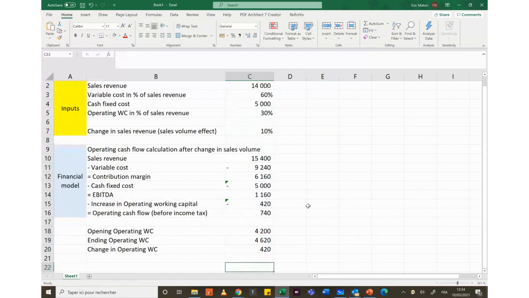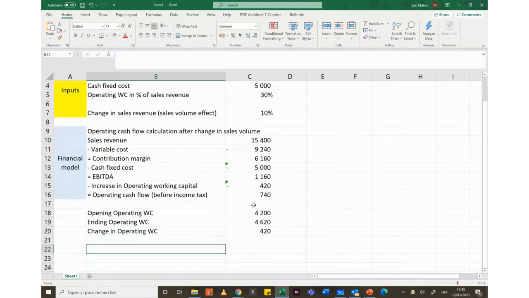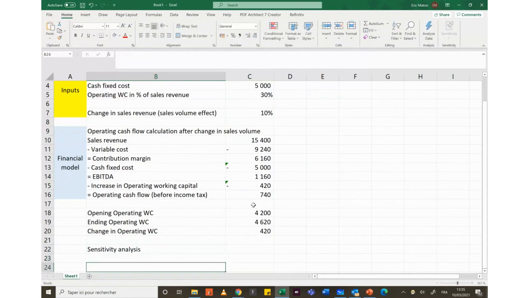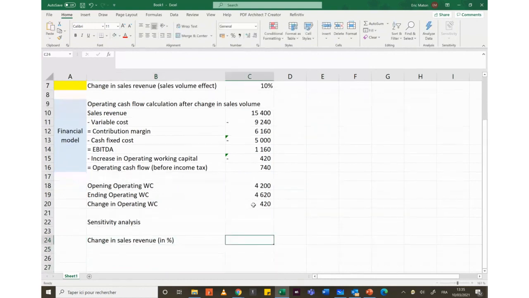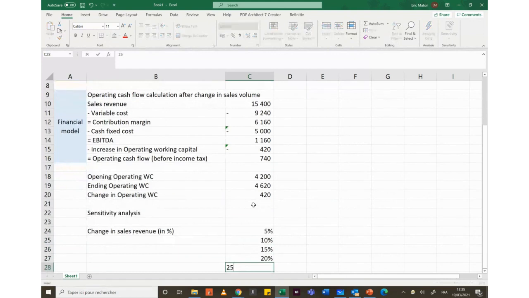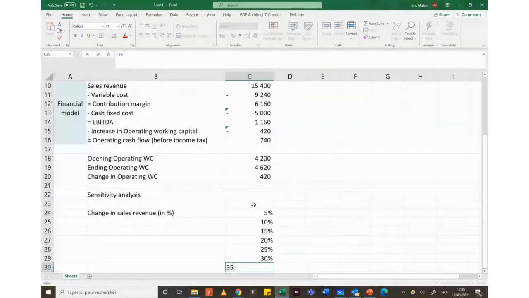And now we suppose we have the capacity to increase more the sales volume. We have good perspectives. So we will do the sensitivity analysis in function of the change in sales revenue in percentage, okay? So we take the situation of 5%, 10%, 15%, 20%, 25%, 30%, 35%, 40%.